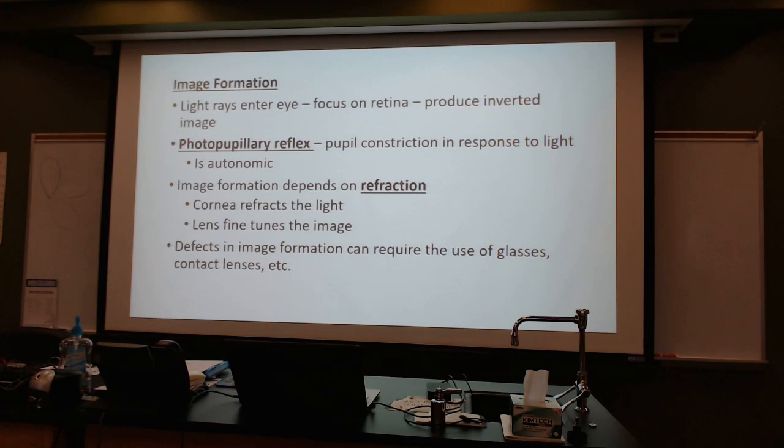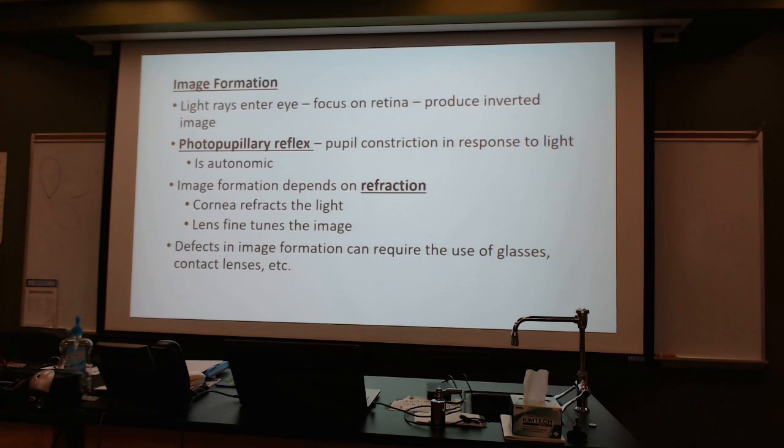That's when the lens of the eye doesn't quite do what we want it to do, and we end up with stuff such as astigmatism, nearsighted, farsighted, that sort of thing.